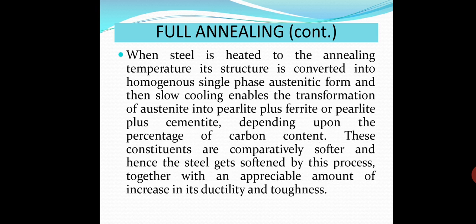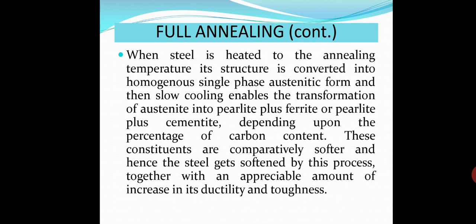This slow cooling enables the transformation of austenite into pearlite plus ferrite or pearlite plus cementite. For hypoeutectoid steel, it is converted into pearlite plus ferrite, and for hypereutectoid steel it is converted into pearlite plus cementite. So depending upon the carbon percentage, this transformation occurs because of slow cooling.